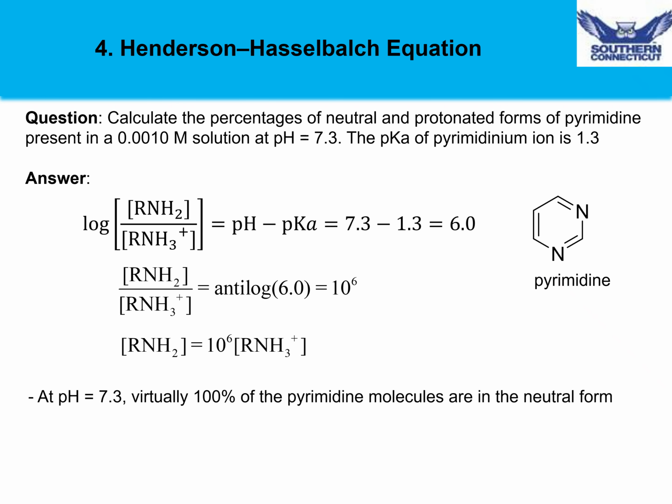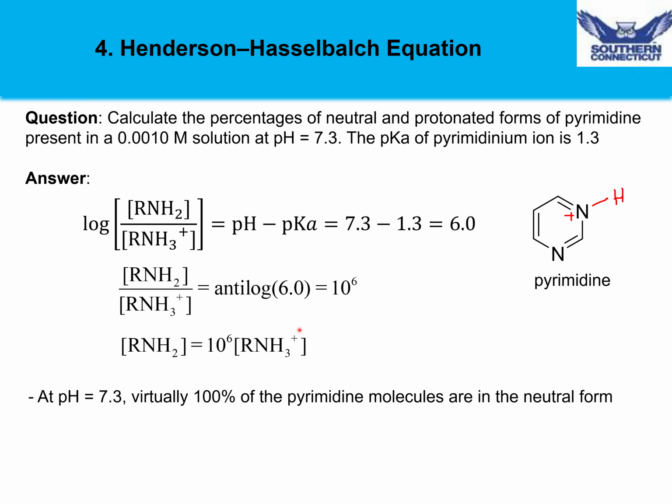The conjugate acid of pyrimidine is pyrimidine with a proton on one of the nitrogens and a positive charge on that nitrogen. It actually doesn't matter what the structures of pyrimidine and the pyridinium ion are as far as solving this problem.